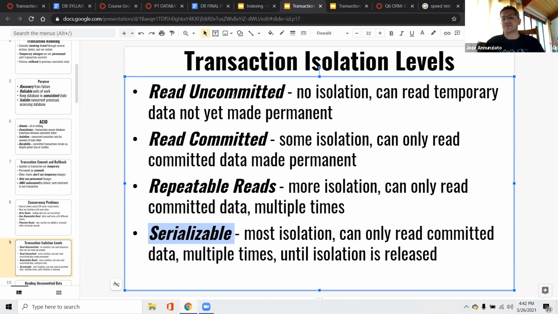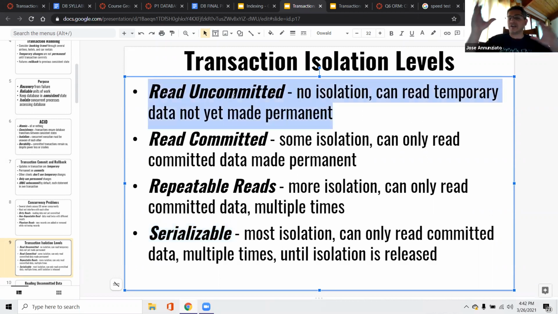So obviously, each one of these levels is an increasing demand on the database to make sure that things happen in order, which goes against the other goal that we have of being as concurrent and providing as much concurrency as possible, right?